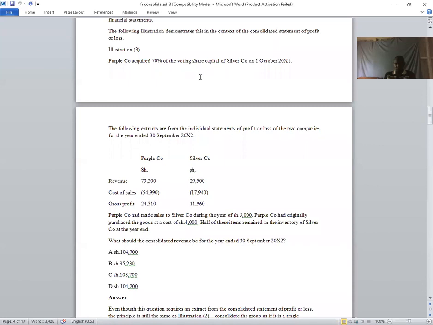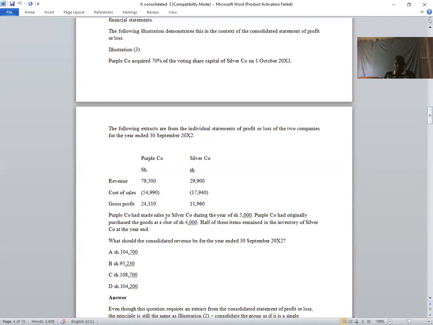The following extracts are from the individual statements of profit or loss of the 2 companies for the year ended 30th September 2012. Purple Company, Silver Company. So we have the revenues of the parent, the revenue of Silver Company, cost of sales, gross profit has been given. Of course, they took this minus this.